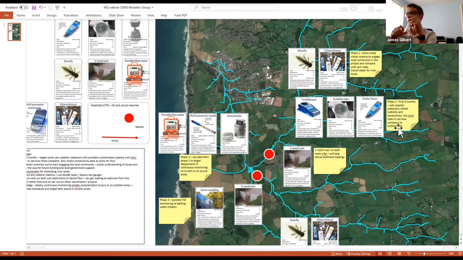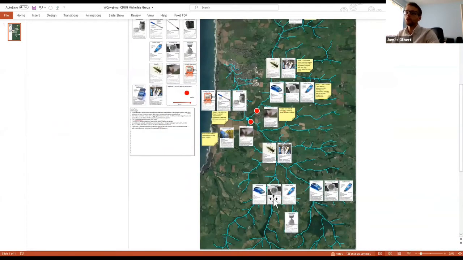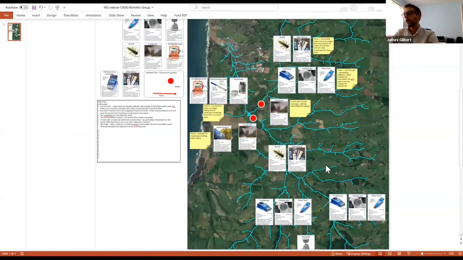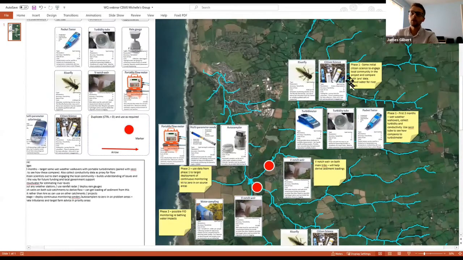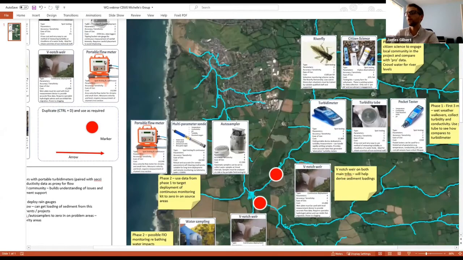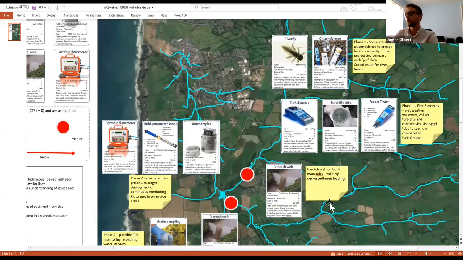So the idea was that we'd have an initial 3-month, quite broad investigation, utilising 3 turbidity meters that we would also use in combination with turbidity tubes, which would enable a calibration of those tubes for the catchment. And in doing so, we would kick off a citizen science study for the rest of the investigation.